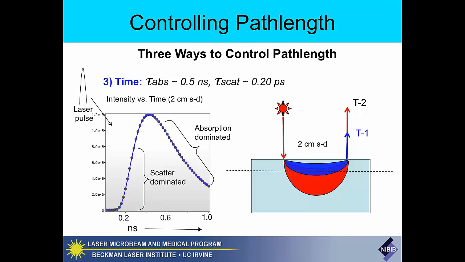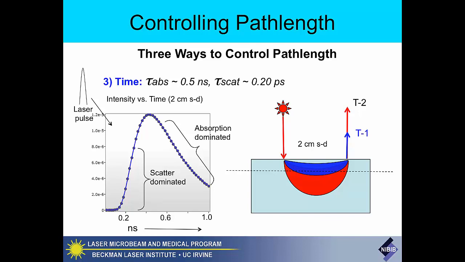So if you take a short laser pulse on the order of a few picoseconds, and you launch that into tissue, and you measure it some distance away, you'll see dispersion in that pulse. It will spread out in time. Just like we saw there's a spatial dispersion, there is a temporal dispersion. And that's because the photons in the pulse are propagating over great distances.